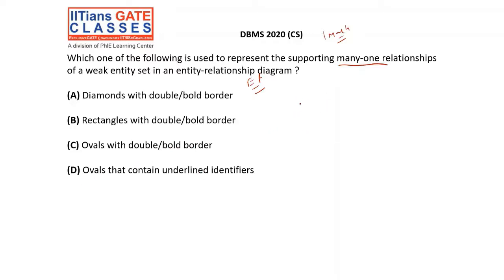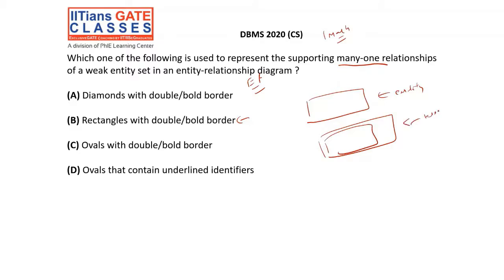Let's see, for the rectangle, let's go to B first. Rectangle represents entity, and double border rectangle represents weak entity set, and this is entity set. And oval with double border, this one, right? This is a multi-valued attribute, right?